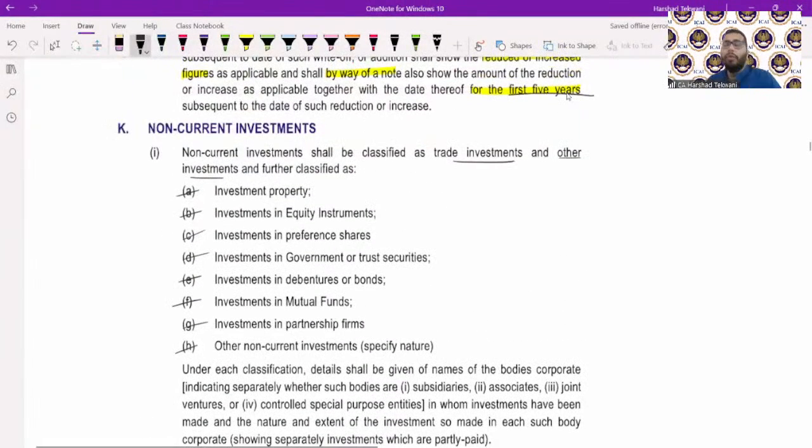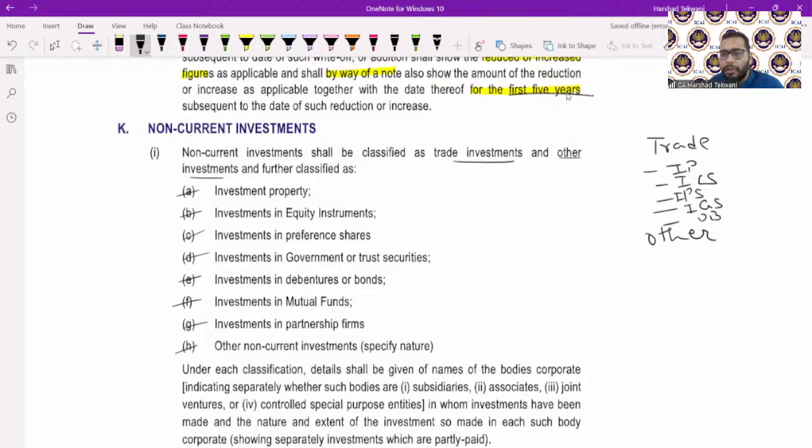So first thing I'll do, whether it's a trade or other investment, then I will provide this particular bifurcation: investment property, investment in equity shares, investment in preference shares, investment in government securities, then debentures and bonds, like this way.